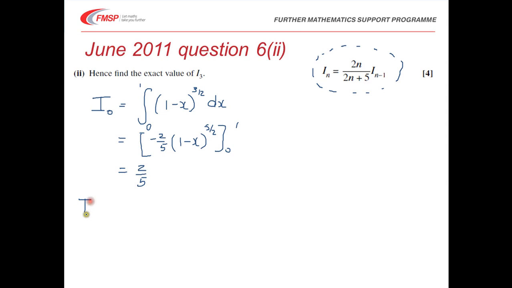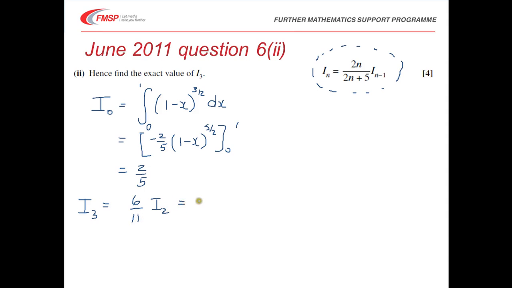I of 3 is what we need to know, but we're now going to use the recurrence relation that we have up here. So I3 will be 2 times 3, which is 6, over 6 plus 5, which is 11, times I2.